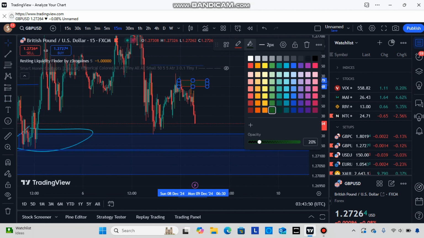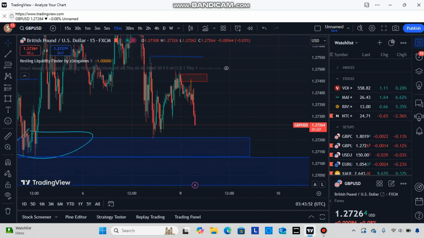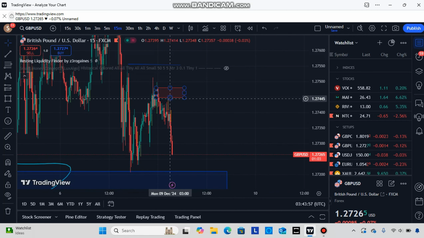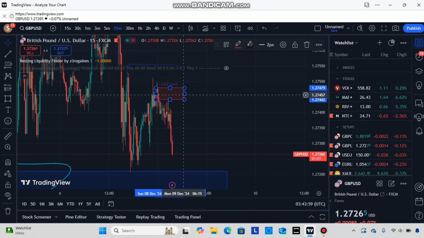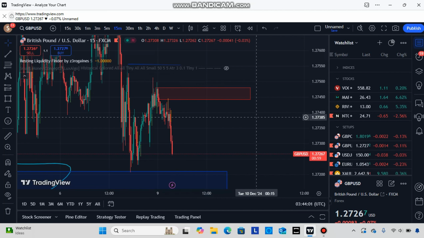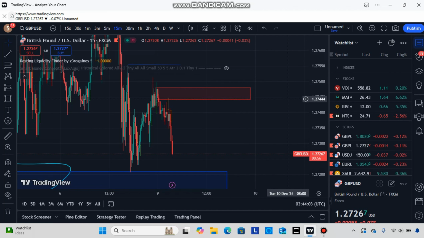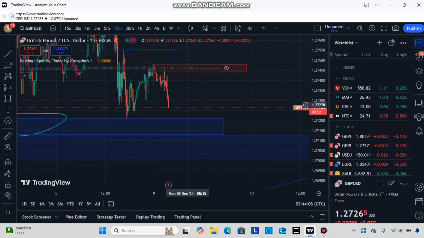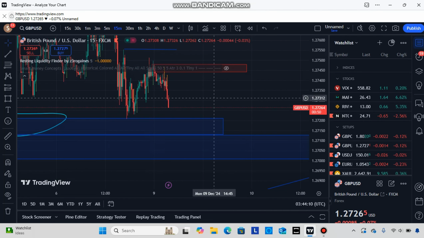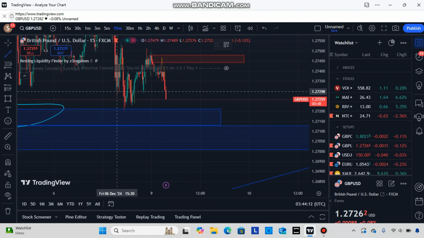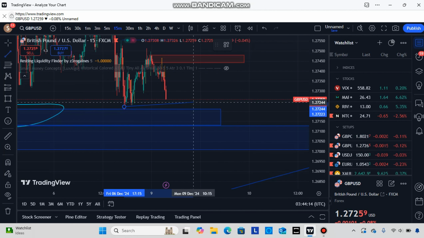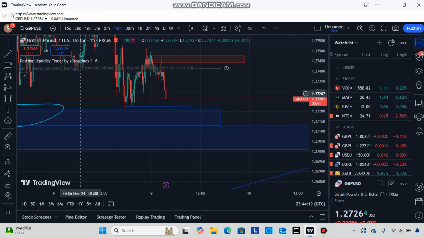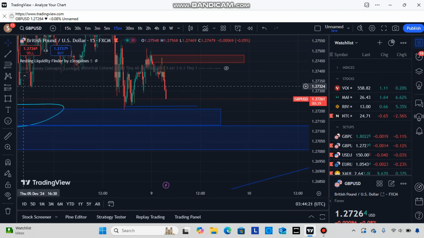I use red for supply and blue for demand. So I'll be looking for sells. I would want to see it break the zone, break the low, and then come back up.